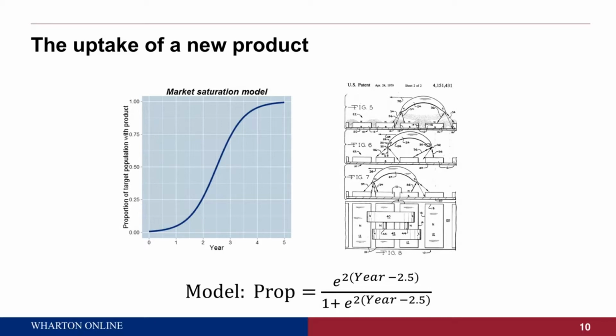And so this is a special sort of curve that is able to capture these intrinsic features of the outcome variable that I'm interested in here, the proportion. Proportions go between 0 and 1, so I need a model that can reflect that. This logistic function has the ability to do that, and I've just presented at the bottom of the slide here what that logistic model looks like mathematically.